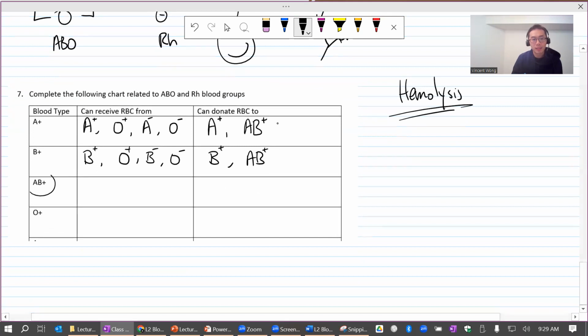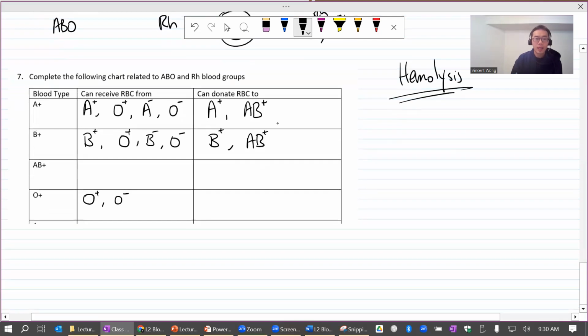I'll do one more. Actually, I'll do this one. It will prove a point. If you are O positive, who can you receive from? Well, you can only receive from O positive and O negative. That's right. And who can you give to? Well, you can give to A, B, AB, as well as O, right?